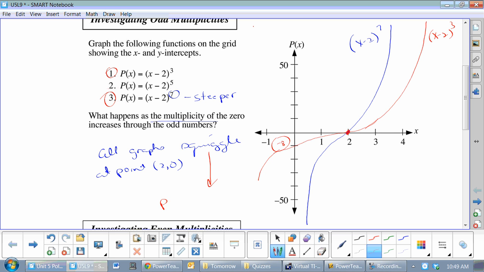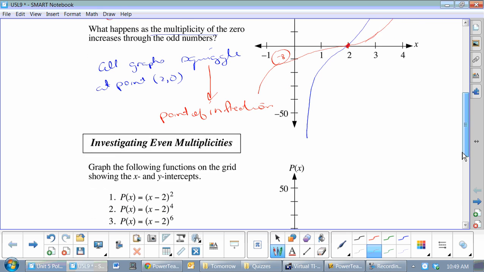Point of inflection. Okay, so there's one more rule that you need to know. Again, by getting all your rules in one place, it really helps to study. It really helps to draw similarities, differences. You have to discern when you need to do things, when you don't need to do things.